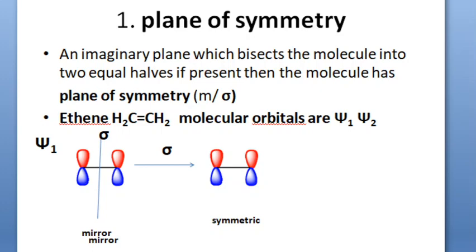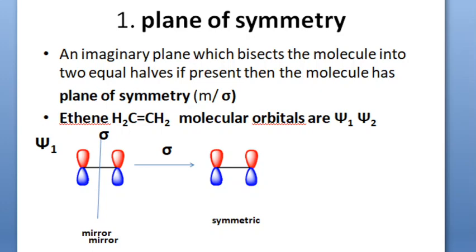So with 0 nodes, you can represent that as plus amplitude with plus amplitude, or maybe red lobe with red lobe. So this is a sigma bonding orbital, you can say. So it is plus and plus, red with red, blue with blue. So then this is your psi1 molecular orbital.